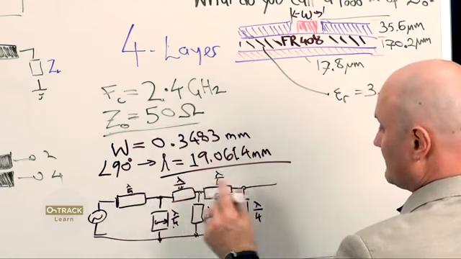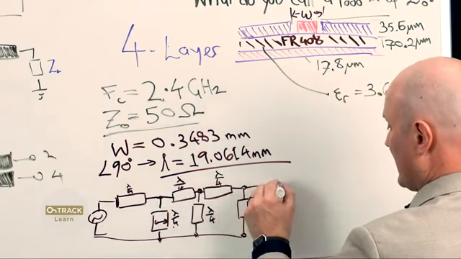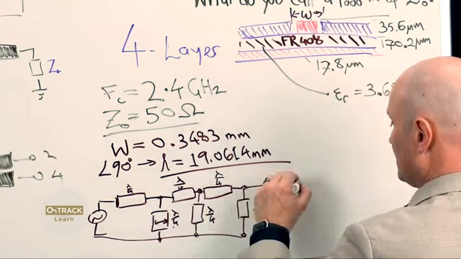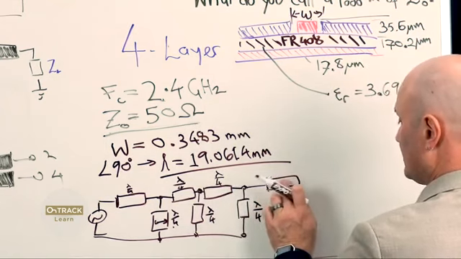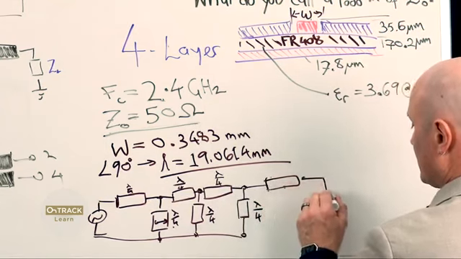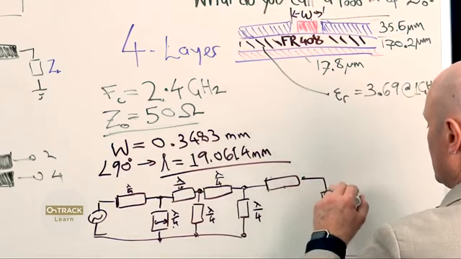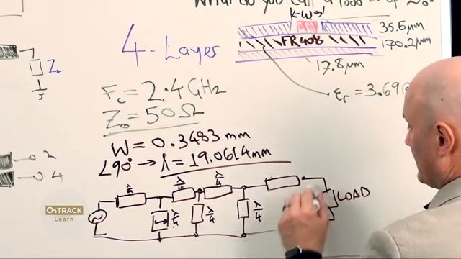And by cascading them like this, I'm able to create, and down here at the end is the final section, and then that goes off to my load. So that's the output.